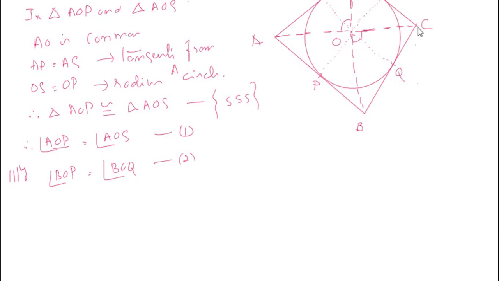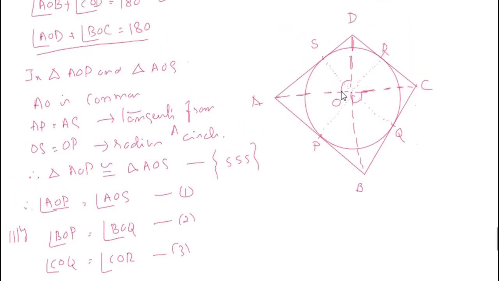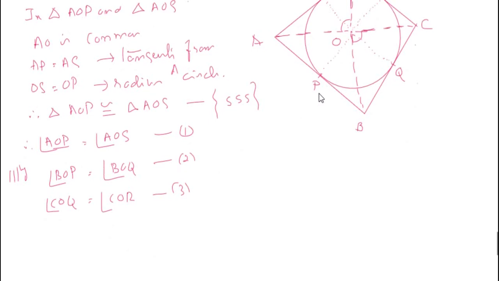Angle COQ equal to angle COR, that is 3. And angle DOR equal to angle DOS.